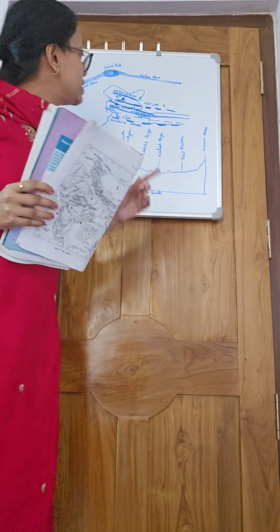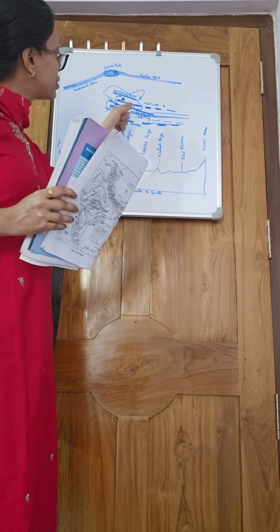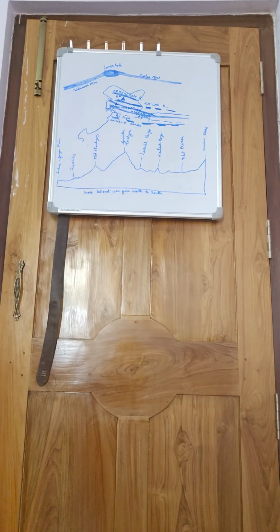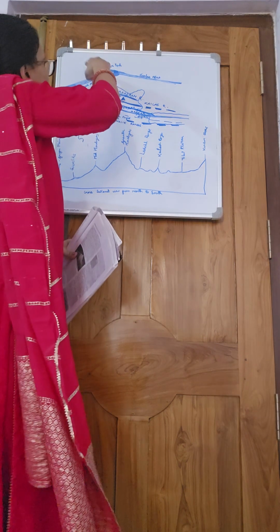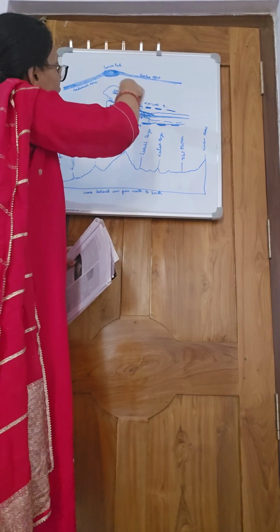So in the northwestern part of the country, the general orientation is from the northwest to the southeast. As you can see, northwest direction is this and southeast direction is this. So general orientation is this.